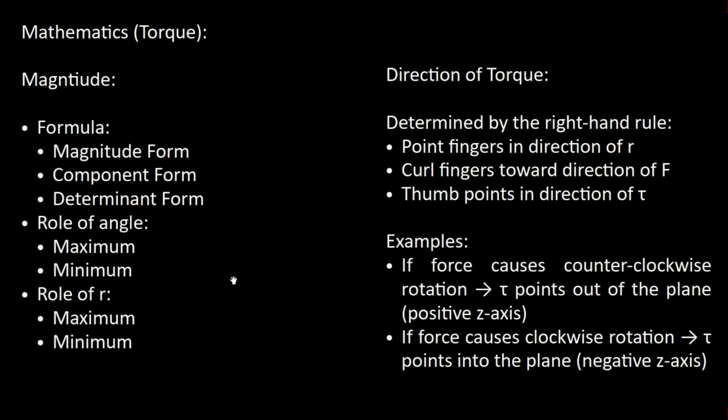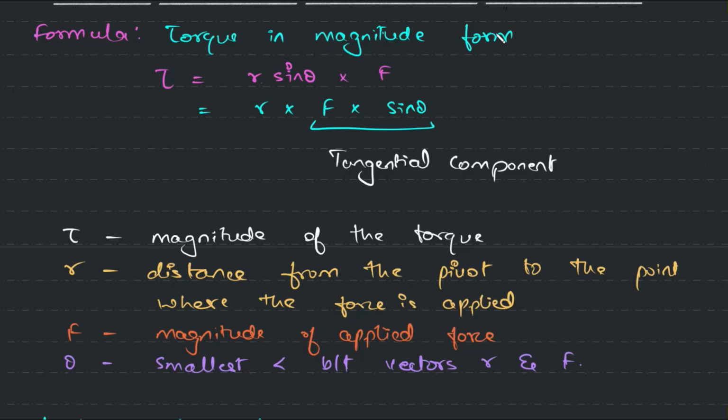Role of the angle. When do we have the torque to be maximum? For what value of theta is torque maximum?